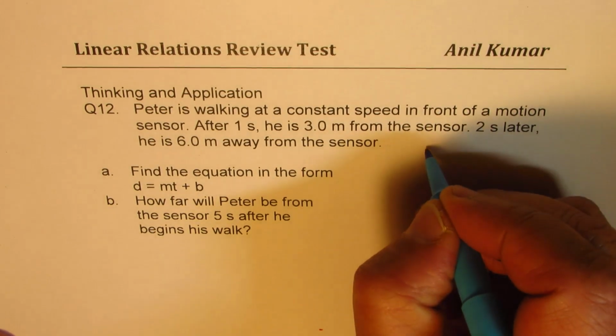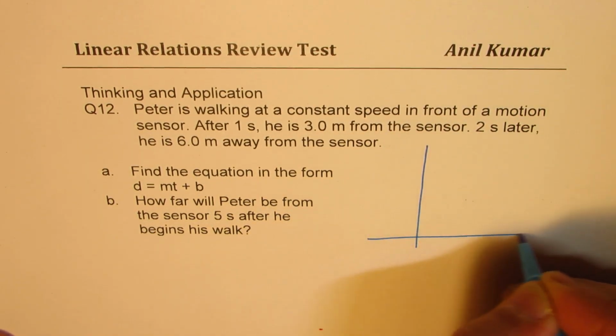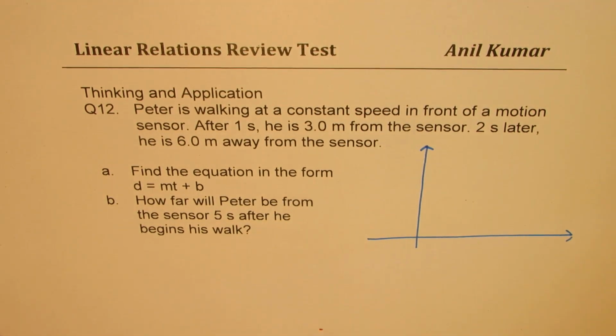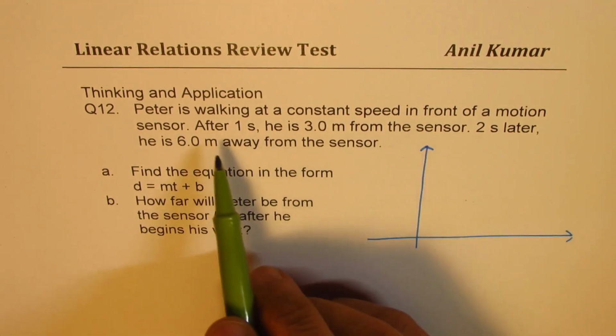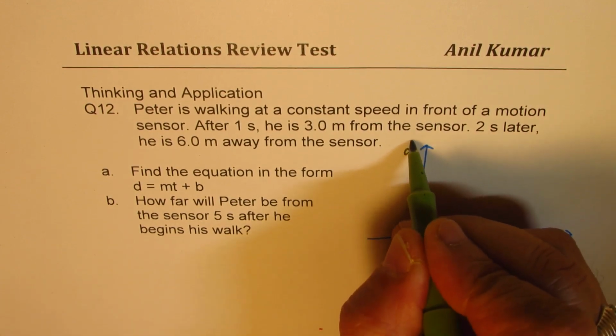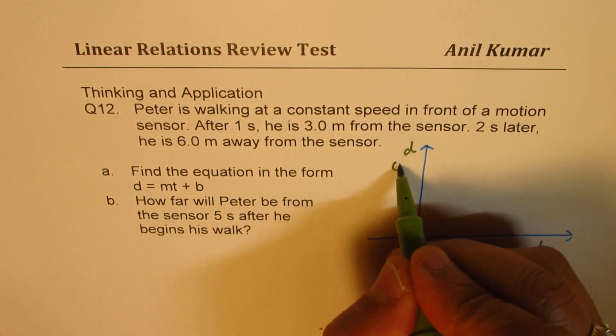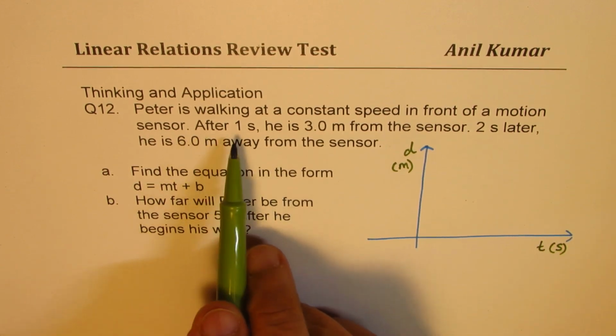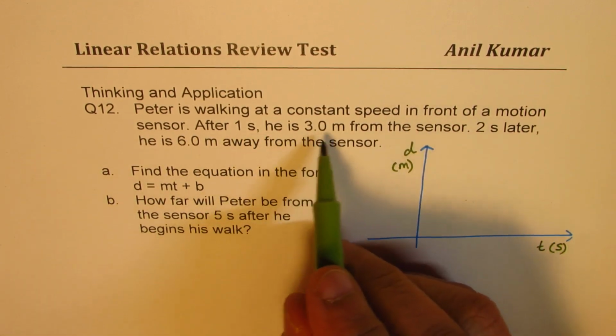So let's make a rough sketch, and then I'll explain and we'll understand how to solve. So what are we given here? Let's say this is time t, and that is the distance d. We're talking about distance in meters and time in seconds. After 1 second, he is 3 meters away.